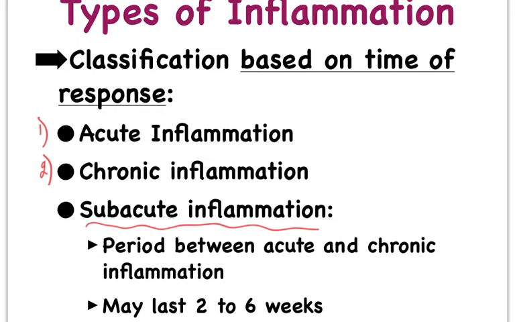So acute inflammation is an immediate response. Chronic inflammation is going to be delayed and keeps going on and on typically as well. So the subacute inflammation is really that transition phase between the acute inflammation response and then eventually the full-blown chronic response. And this can take weeks, that transition phase.